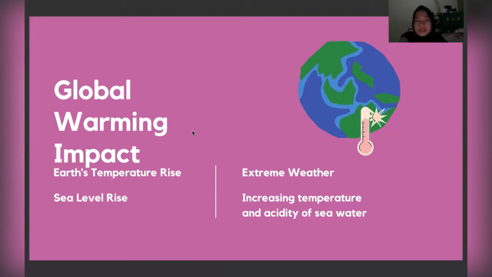And the last is increasing temperature and acidity of seawater. In this case, the ocean absorbs more of the heat because of carbon dioxide gas. This is what causes the ocean to become warmer and more acidic.